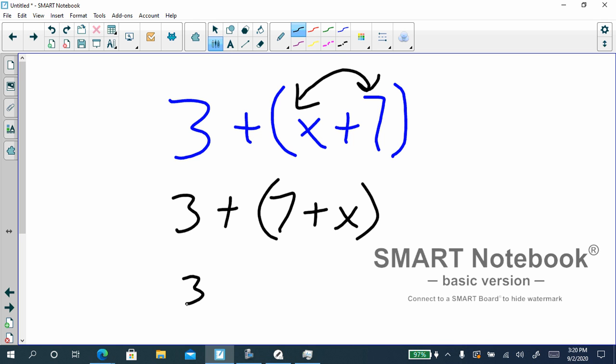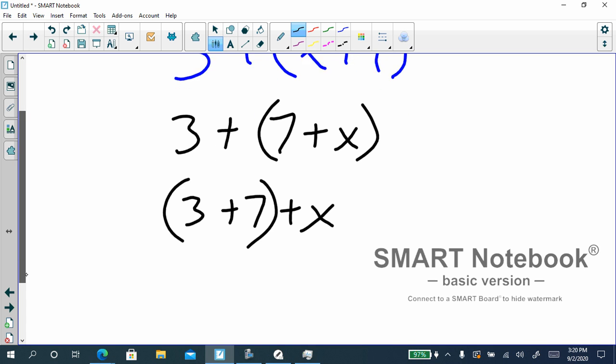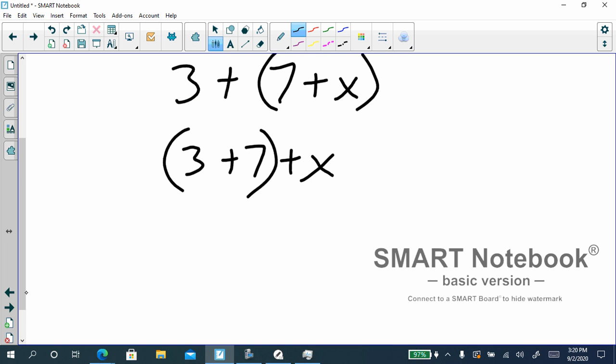We can write everything down in the same order, and we can just move our parentheses. And that works as long as we're adding or multiplying. Now, if we're subtracting or dividing, that doesn't work. But if we're adding, that's fine. So 3 plus 7 is 10, and then we have an x.